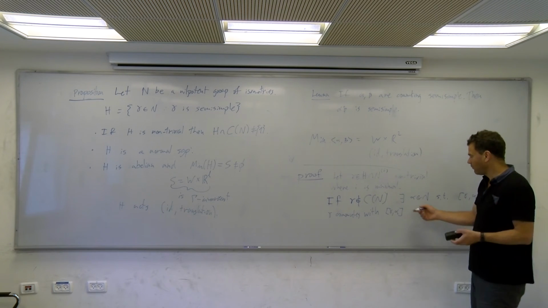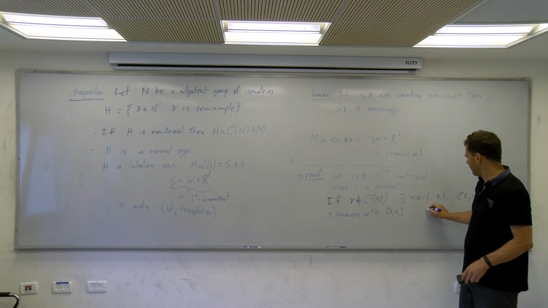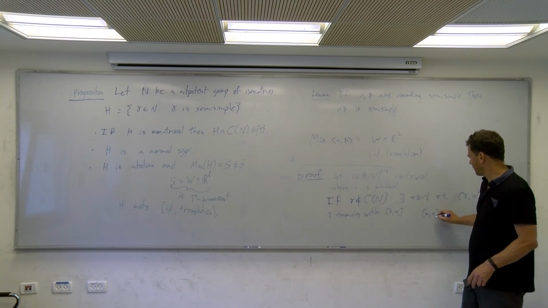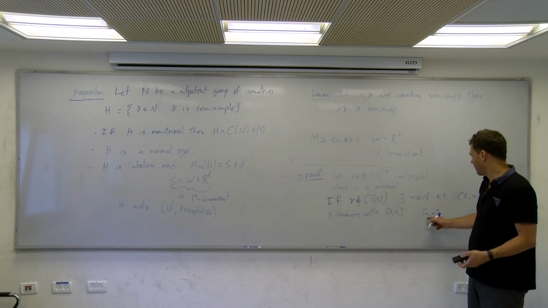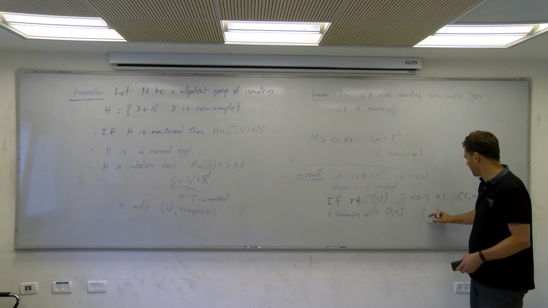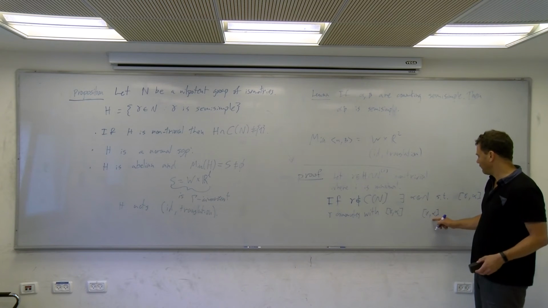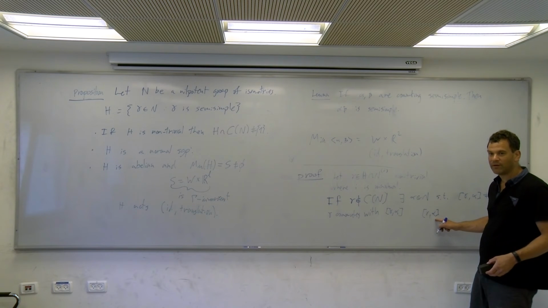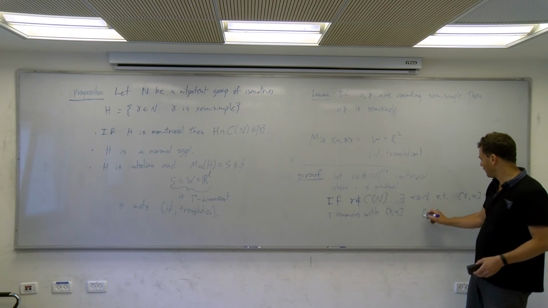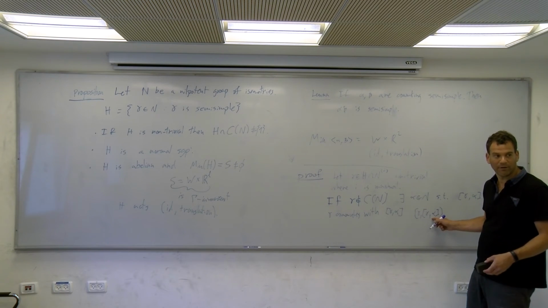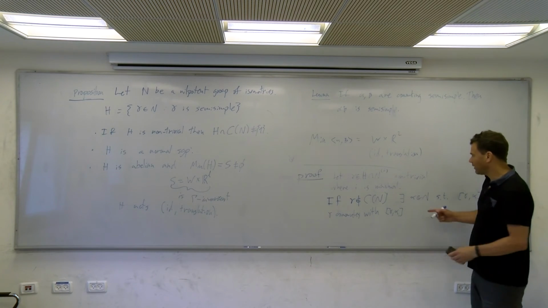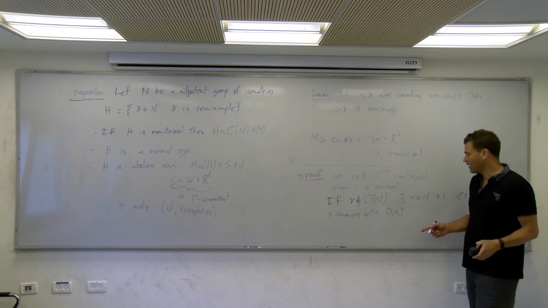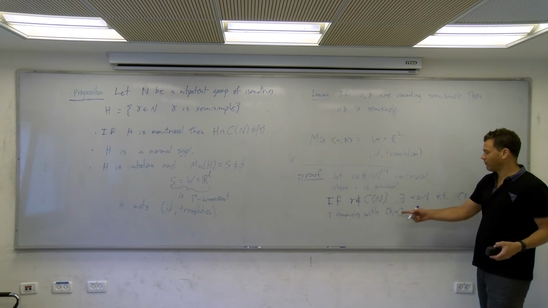Right? How do you get this alpha? I take some alpha such that the commutator is non-trivial.